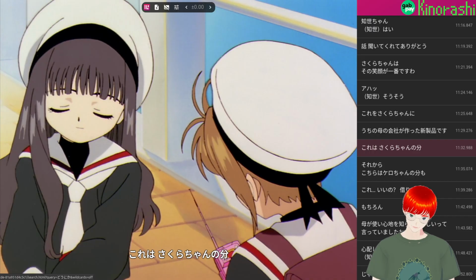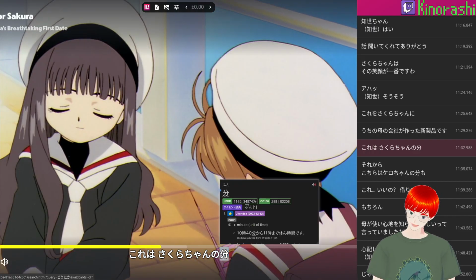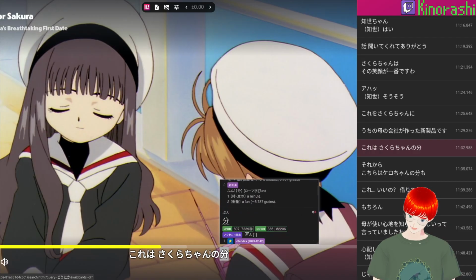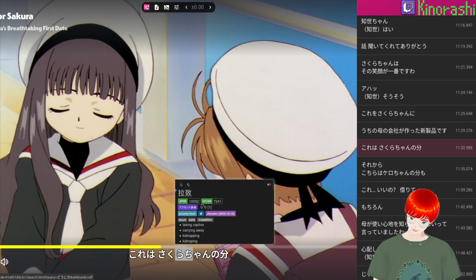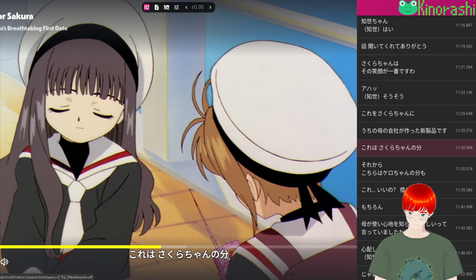これはさくらちゃんの分。Bun is usually used for minute. This is Sakura-chan's something.